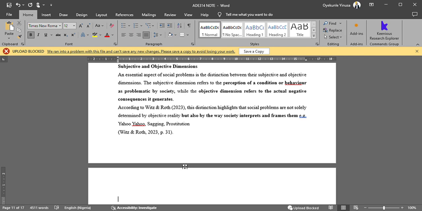When a society is shielding an act of criminality as a norm, that is their objectivity. They have been biased in their objectivity. This is a social problem, and look at how it has degenerated and affected the society. Yahoo Yahoo, they say it is the norm, taking back what rightfully belongs to us.